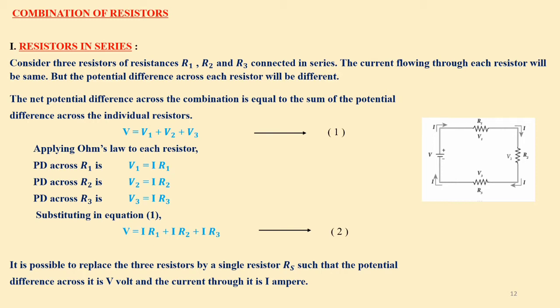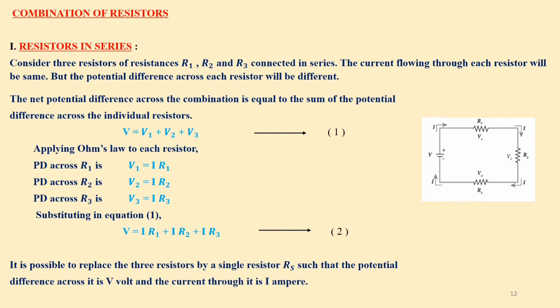PD across R2 is V2 equal to I R2. PD across R3 is V3 equal to I R3. Substituting this in equation 1, we get V equal to I R1 plus I R2 plus I R3.